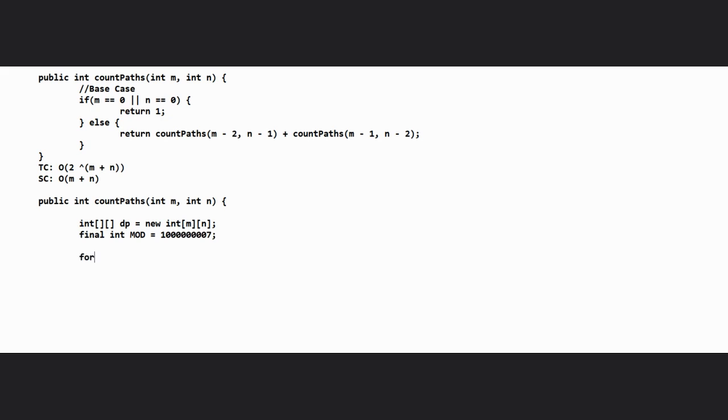And then we're going to do it row by row. So integer i is equal to 0, i less than how many rows we have, m rows, i plus plus, and for j, we have n columns.